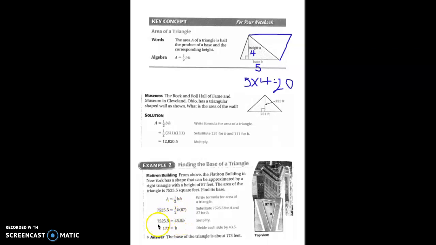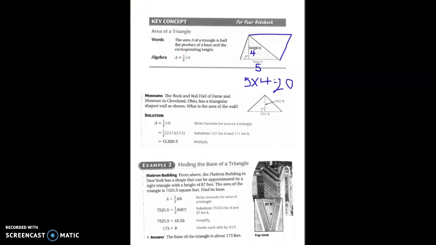So then now you have 7,525.5 equals 43.5b. Now, simple algebra suggests that all you have to do is to divide both sides by 43.5 to find the value of b. And if you do that, you would have 173 feet equals b.